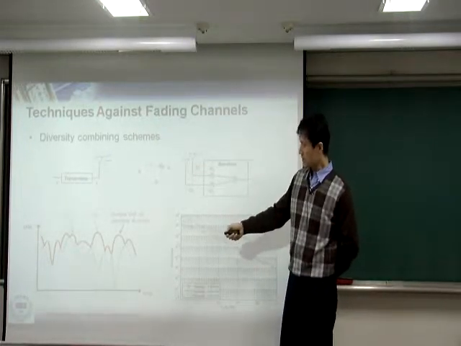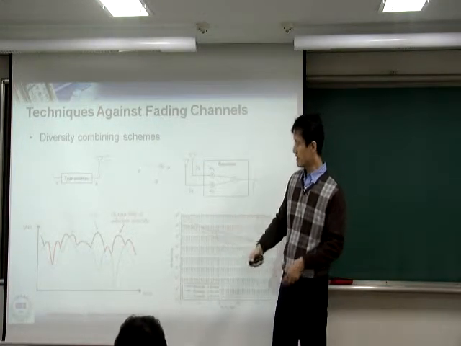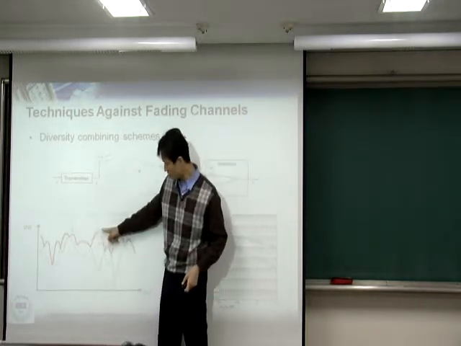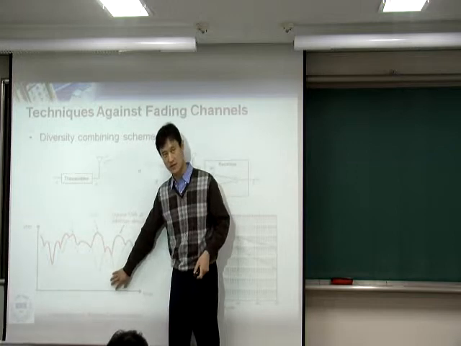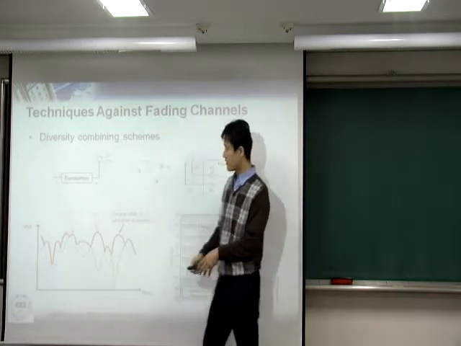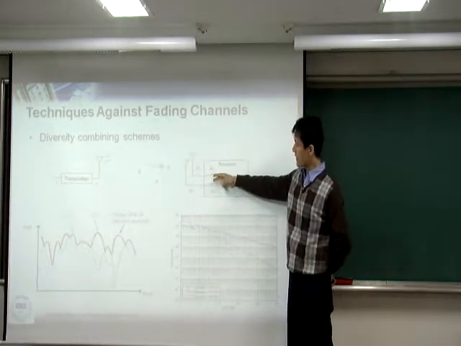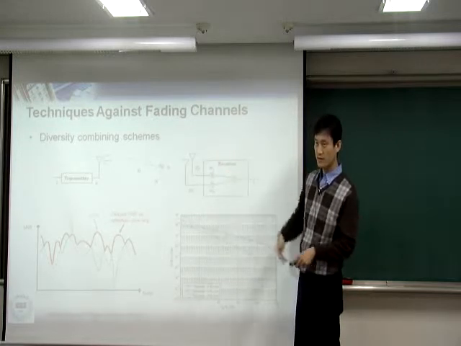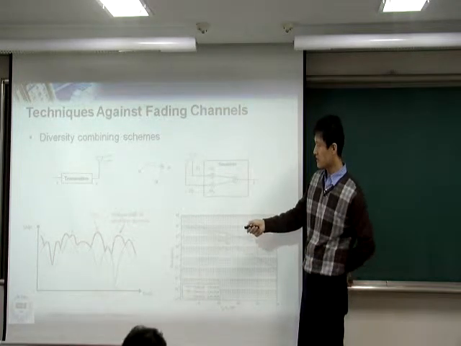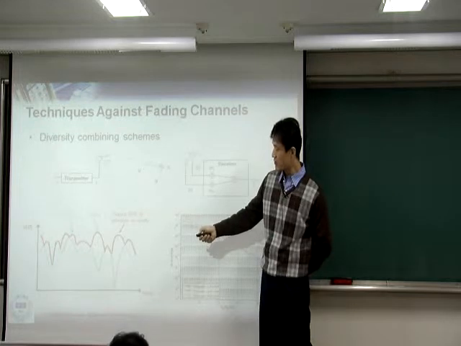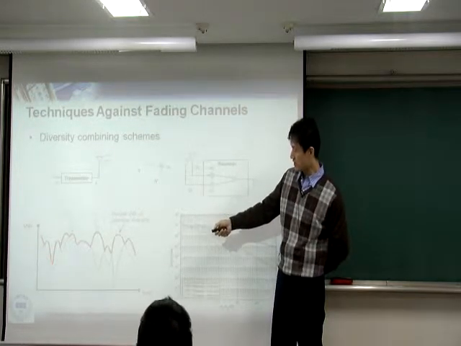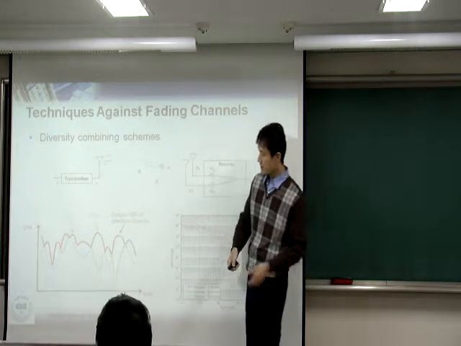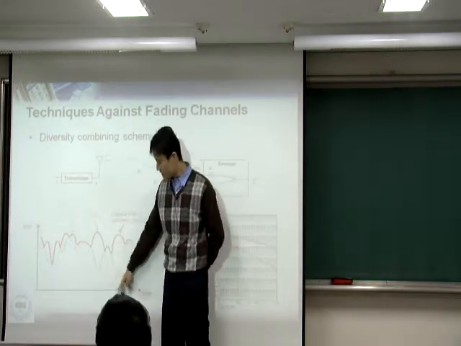So if you think about only green or only blue, it has a lot of fading. Sometimes it goes down to here. You have a lot of fading, sometimes deep fading. But since you have 2 of them and you select the better one, using selection combining, eventually what you get as an output is the red one. And as you can see here, the red one does not have a deep fading.